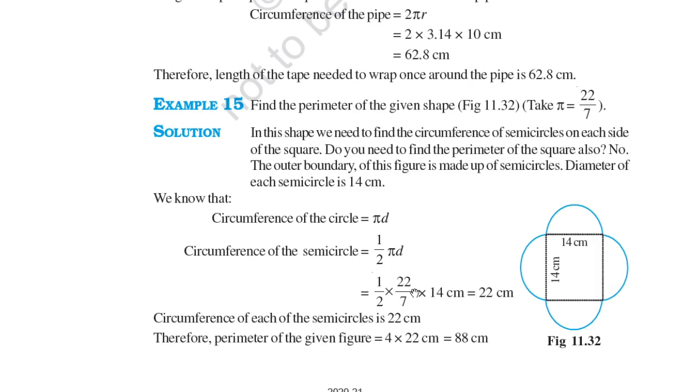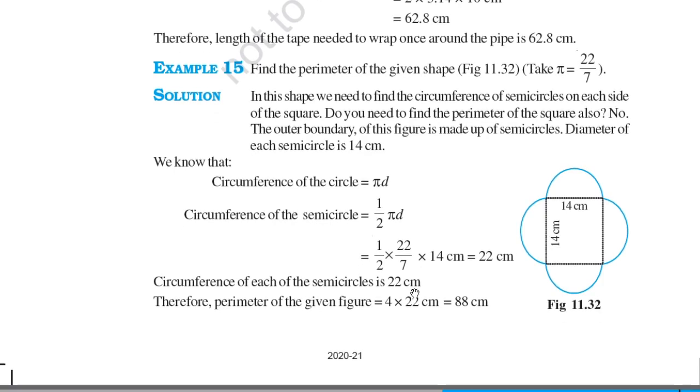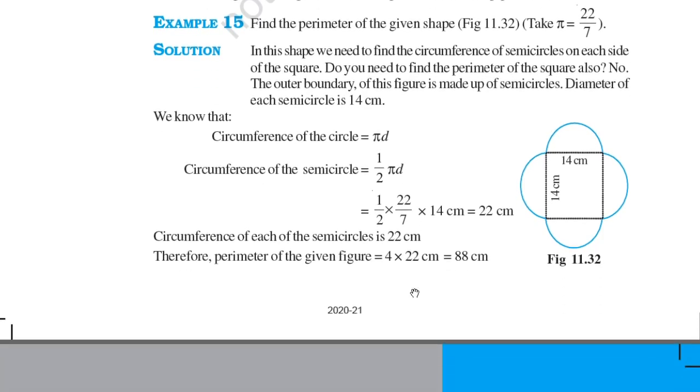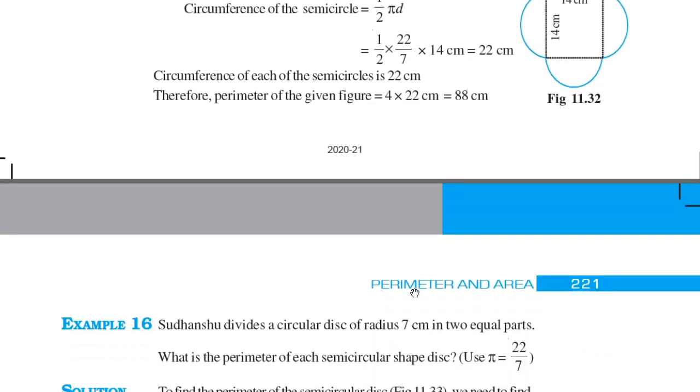The diameter of each semicircle is 14 centimeter. We know that the circumference of a circle is pi d. The circumference of a semicircle is 1 by 2 pi d because it is half. So half into 22 by 7 into 14 gives 22 centimeter. The circumference of each semicircle is 22. Therefore, the perimeter of the given figure is 4 into 22, that means 88 centimeter.